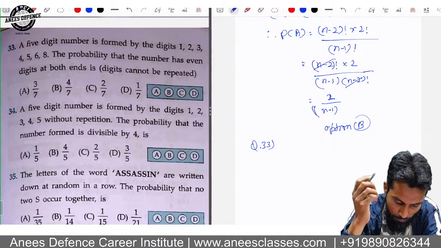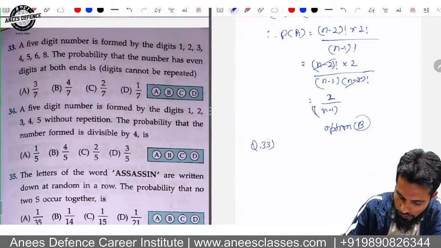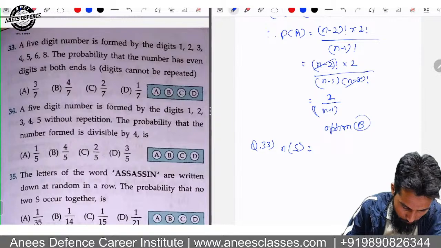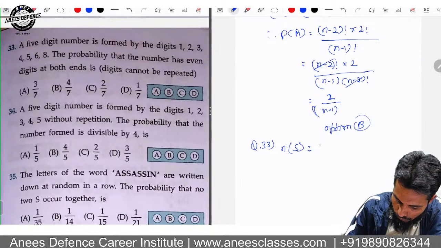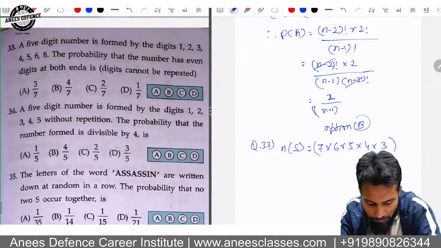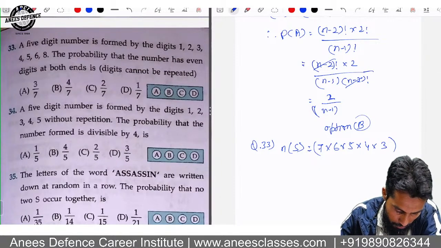So how many numbers can we form of such condition? First, you find out the sample space for 5-digit numbers using these digits. 7 digits are there. So 7 into 6 into 5 into 4 into 3. This is the total number of the sample space. Next condition, both the ends should be even numbers.